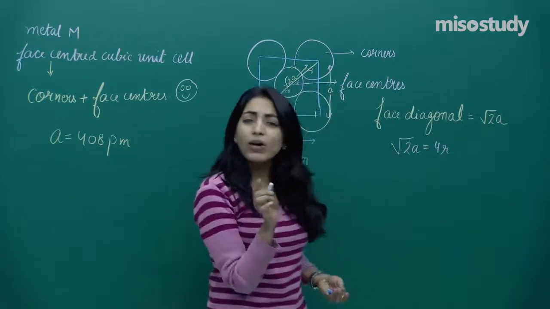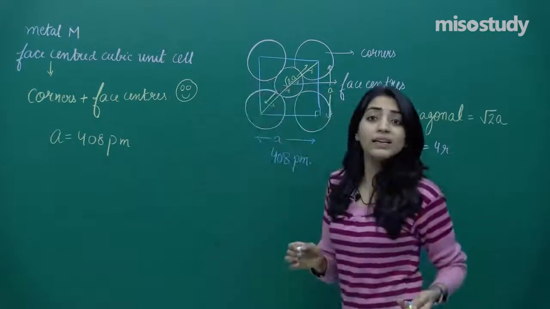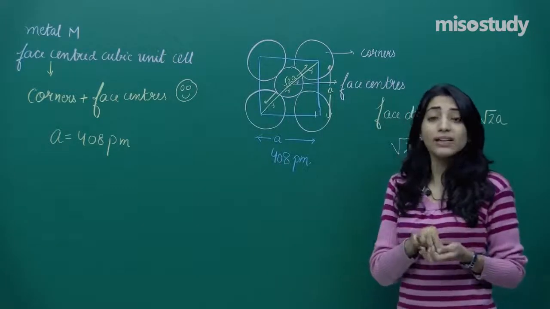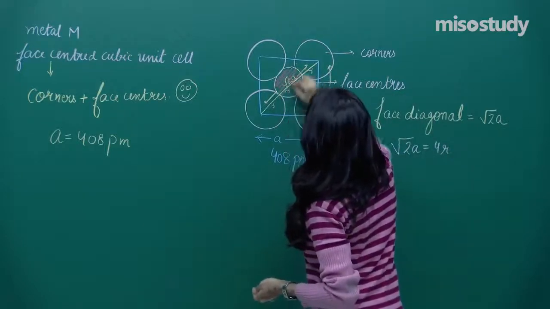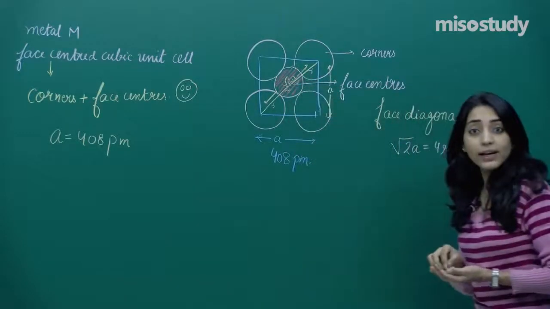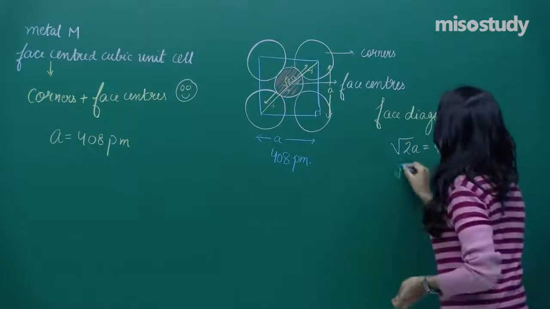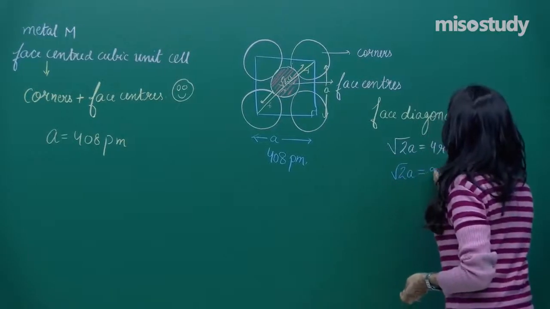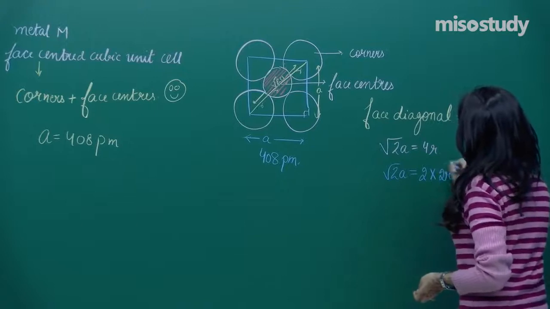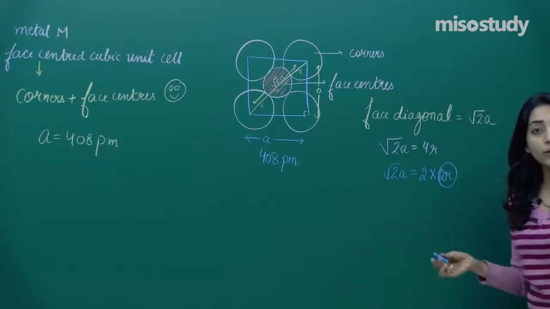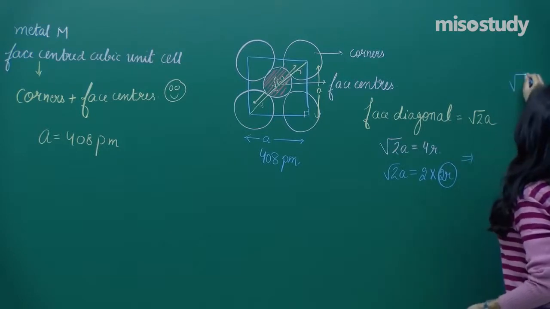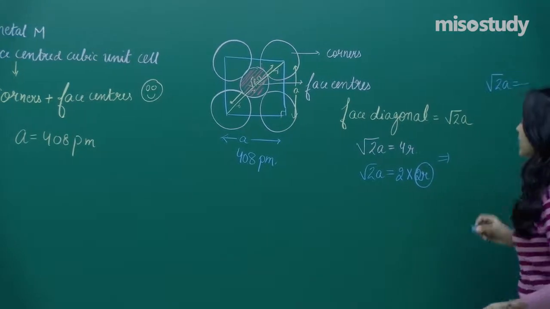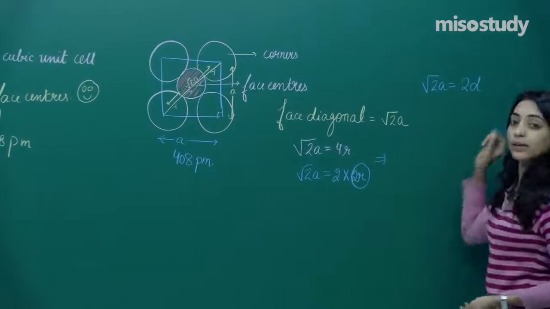Now guys, you don't need to calculate the value of r. You need to calculate the value of diameter, this complete length, which is equal to 2r. So √2 a is equal to 2 into 2r. This 2r can also be written as the diameter d. So you can simply say √2 a is equal to 2d.